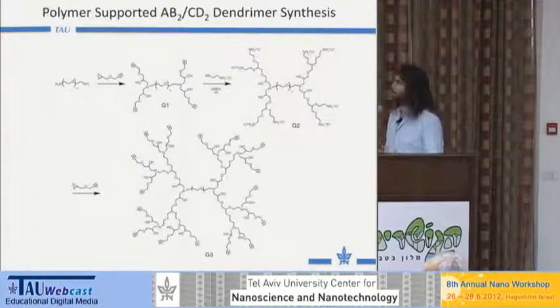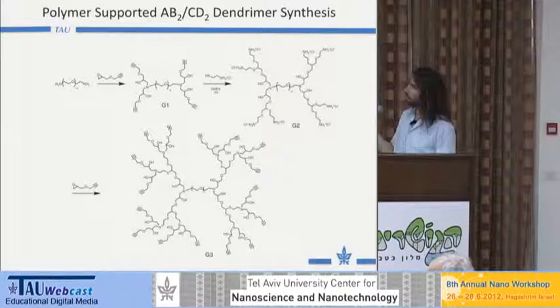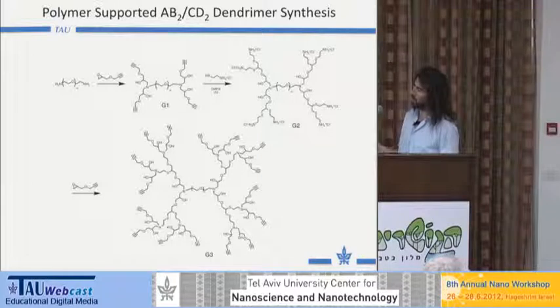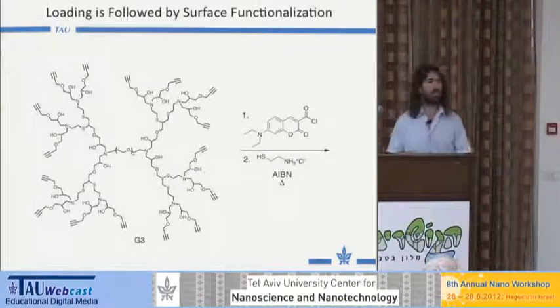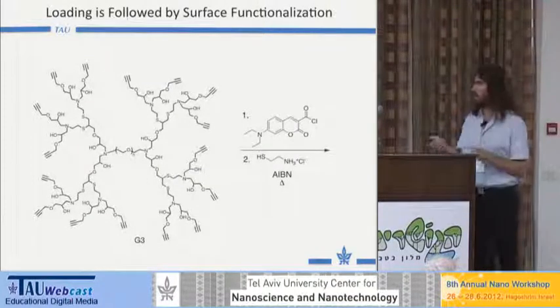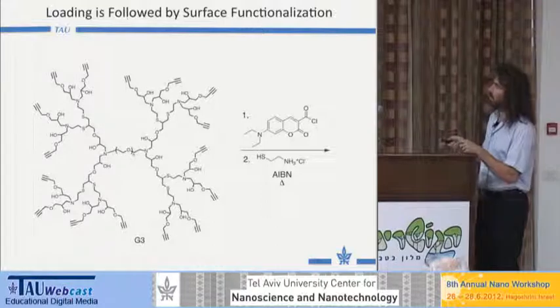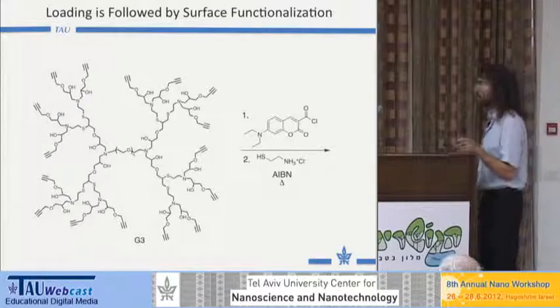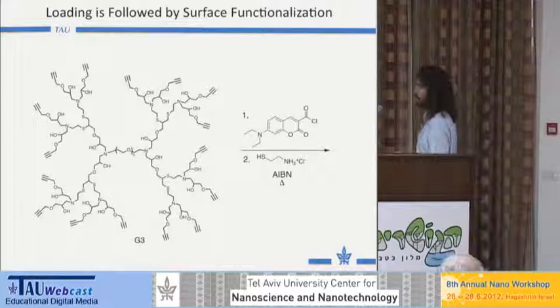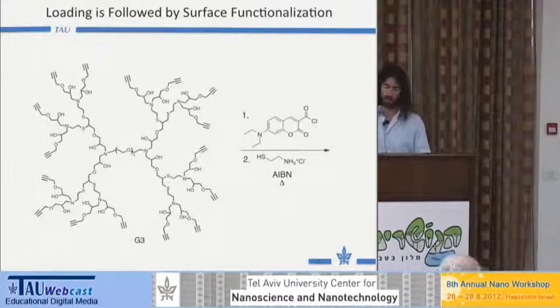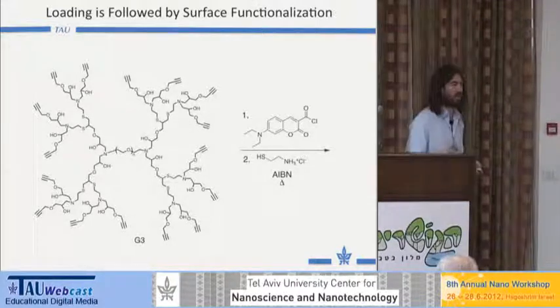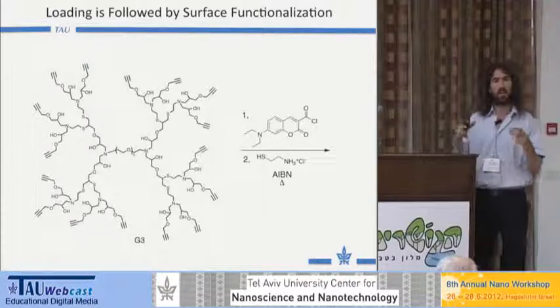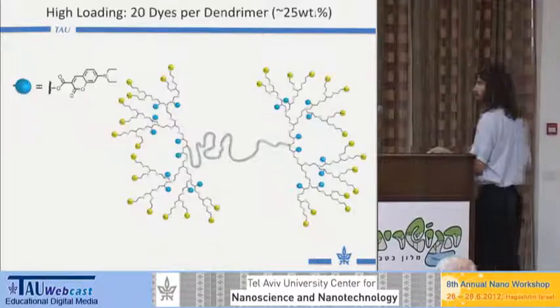We then do the opening, taking our G2 and reacting it again with glycidyl propargyl ether, generating a G3, and then taking this G3 and loading the hydroxyls of the G3 with a diethylamino acyl chloride derivative of coumarin. It's going to bind to these hydroxyls, followed by the thiol-ene reaction, but this time doing it thermally, because we didn't think it was a good idea to irradiate a dendrimer with so many dyes for a long time.